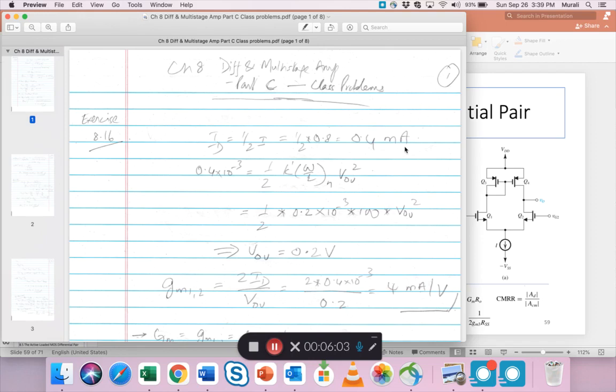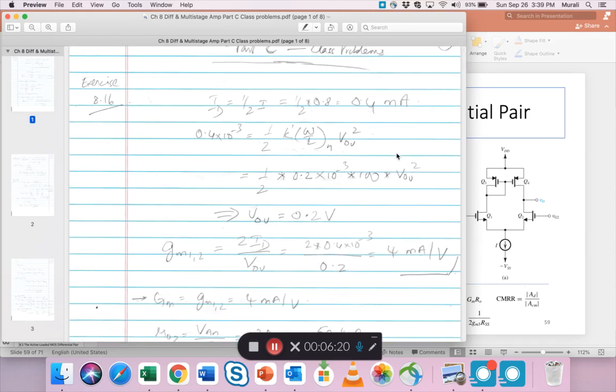So in all these problems, if they don't say anything, you can assume that these are all perfectly matched transistors and that the current splits equally between them and so on. So anything that makes our job easier, it's okay to proceed in that way.